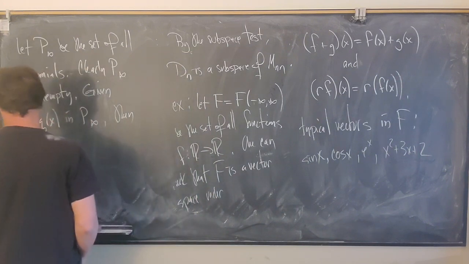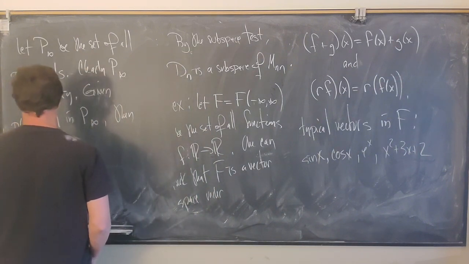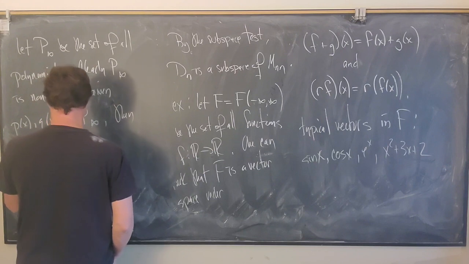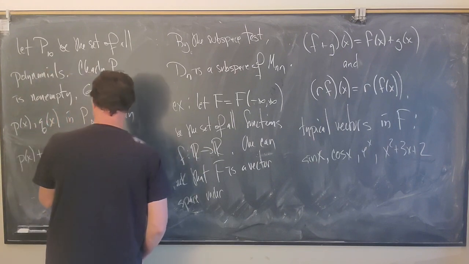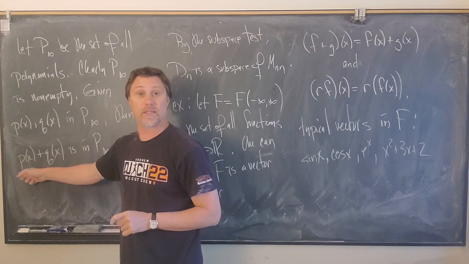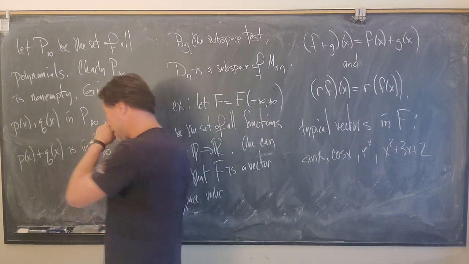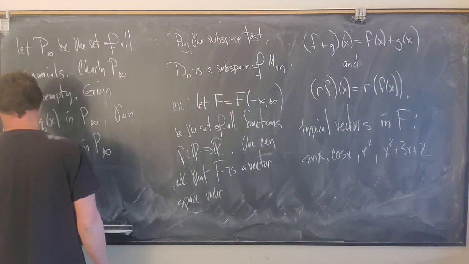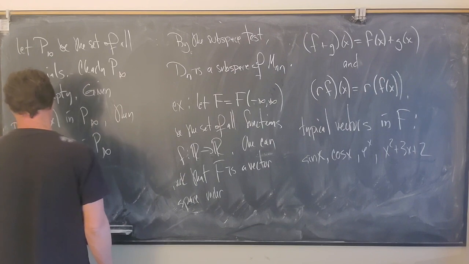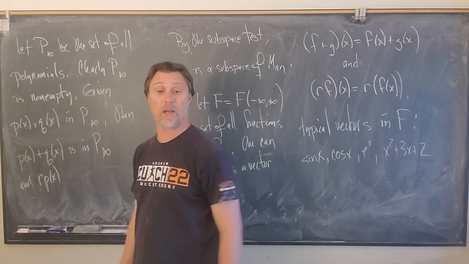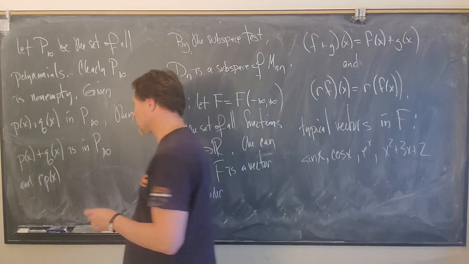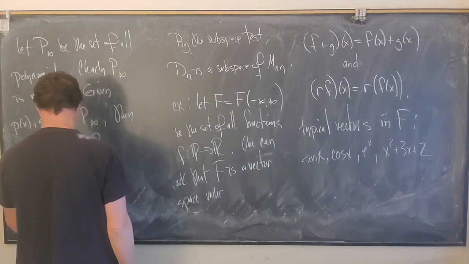Then P of x plus Q of x is in P sub infinity. Add two polynomials together, the result is a polynomial. And R times P of x. If you take some polynomial, multiply by a constant, the result is a polynomial also. And R P of x is in P infinity.